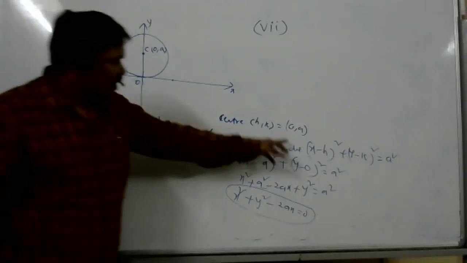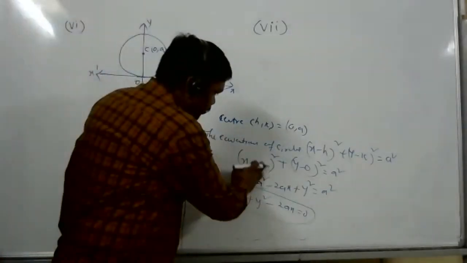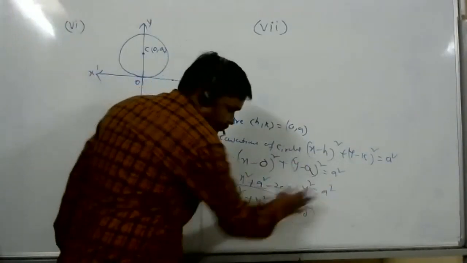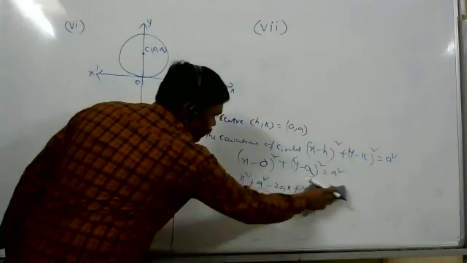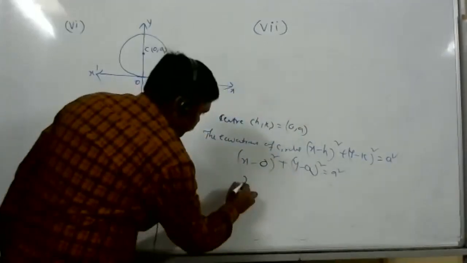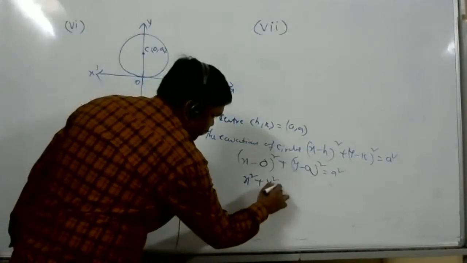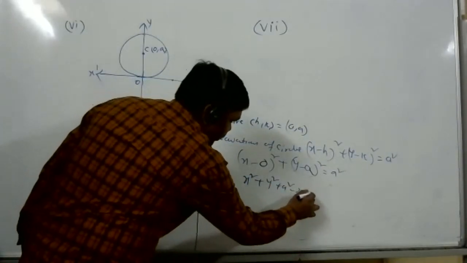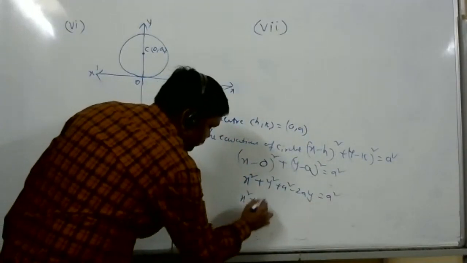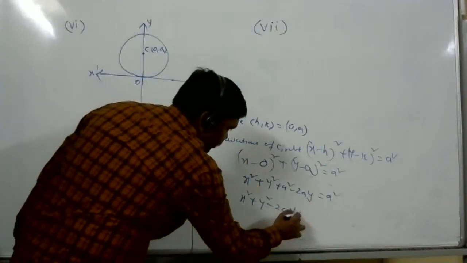See, center 0 comma a, then substituting here 0, here a. Then x square plus y square plus a square minus 2ay is equal to a square. x square plus y square minus 2ay is equal to 0.